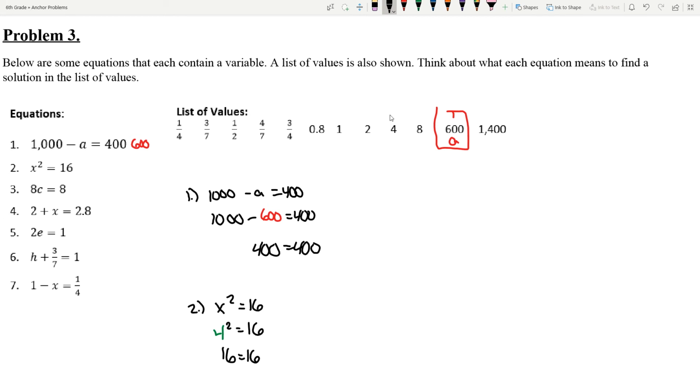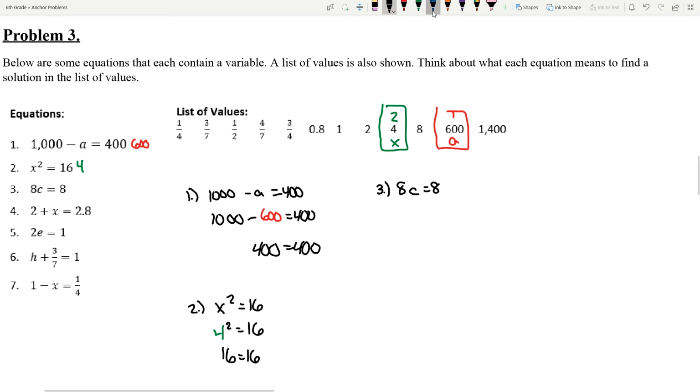And that's going to be for number 2, which is our variable of x there. And so 4 was our solution here. Question 3. 8 times c needs to equal 8.